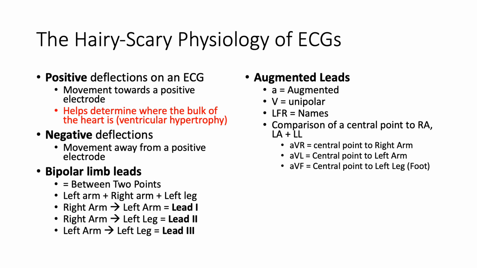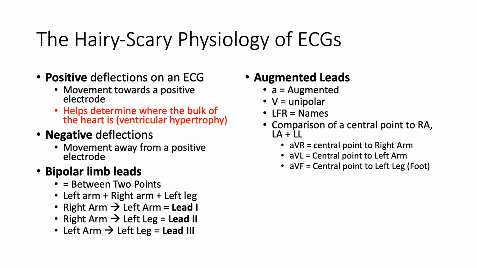The other ones that we use are the augmented leads. So the A is augmented, V is unipolar, and then L, F, and R are the names. What they do is they compare the central point of that triangle to each of the corners, which I'll show you on the next slide.